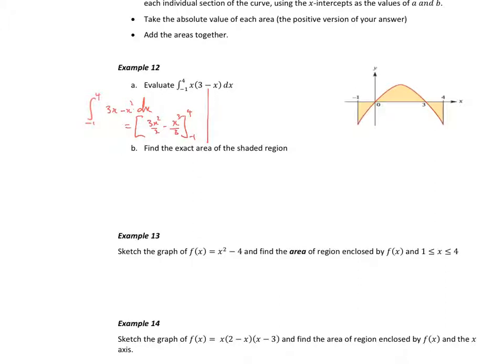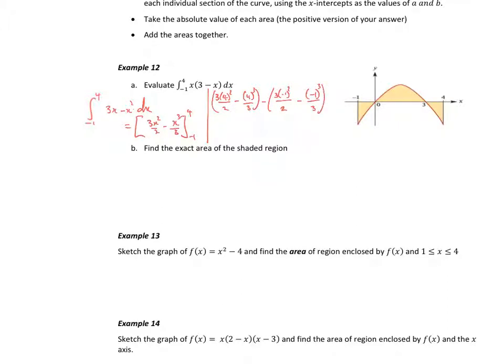So put those in: I get 3 times 4 squared over 2 minus 4 cubed over 3, subtract, put -1 in, 3 times -1 squared over 2 minus -1 cubed over 3.